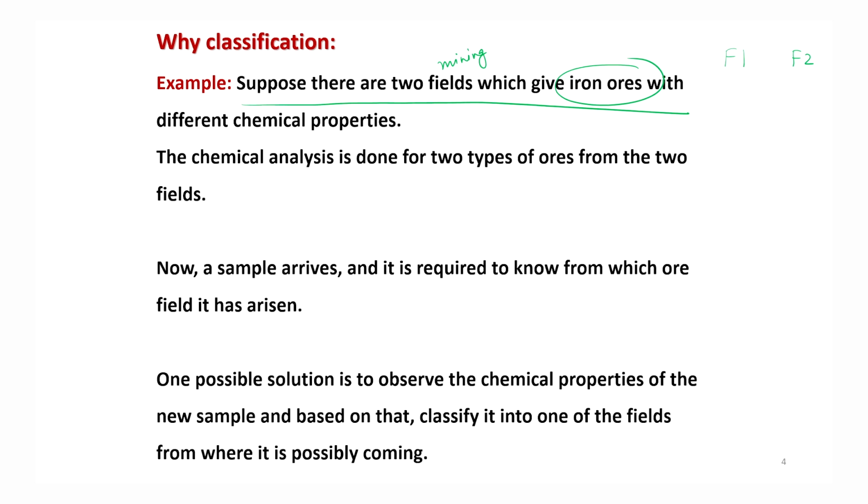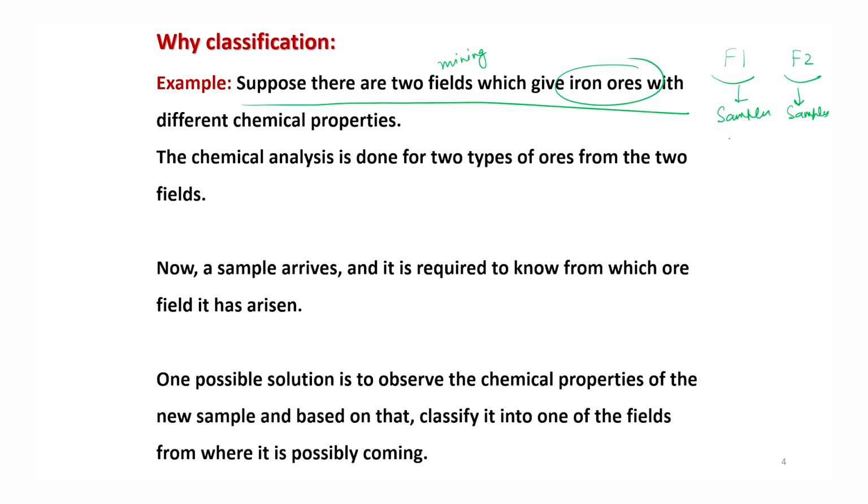Based on that, we have taken some samples from F1 and F2, and we have conducted the chemical analysis to find the chemical composition of the ores coming from field F1 and the chemical composition of the ores coming from field F2.